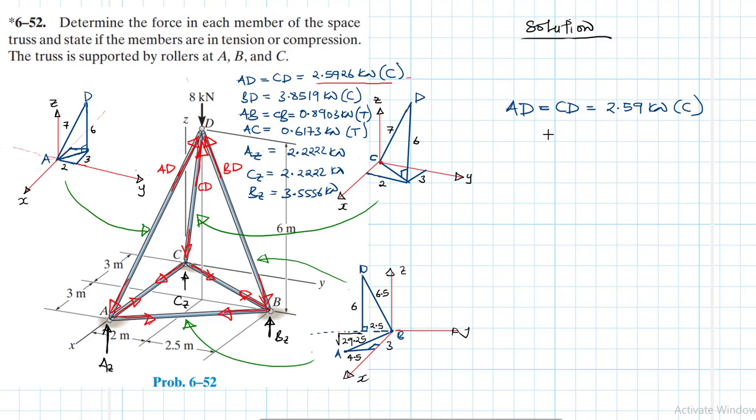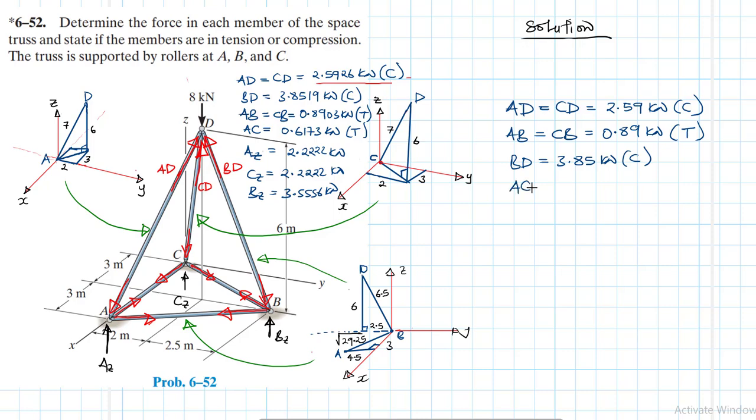Then we have AB equal to CB equal to 0.89 kilonewtons and this is in tension. All right, and then we have BD equal to 3.85 kilonewtons, and this one is in compression.